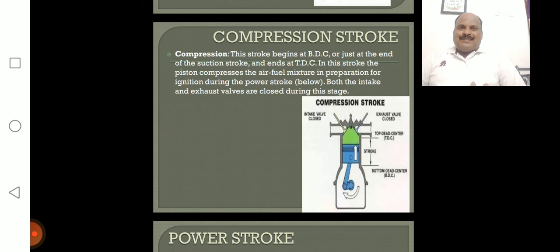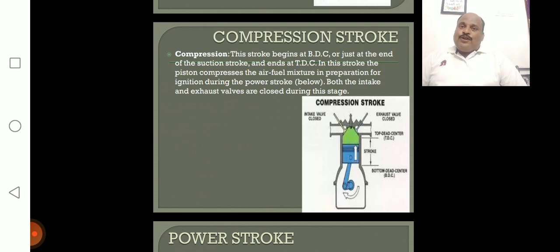And third, in this stroke both valves, intake and exhaust, are closed, and the piston is preparing the charge for ignition. The last point, it comes to the TDC, and here the second stroke is completed. You can see the image also, so you can understand it very well.